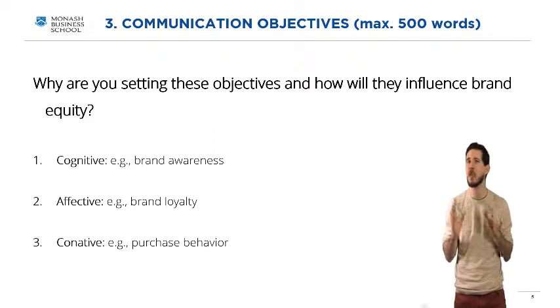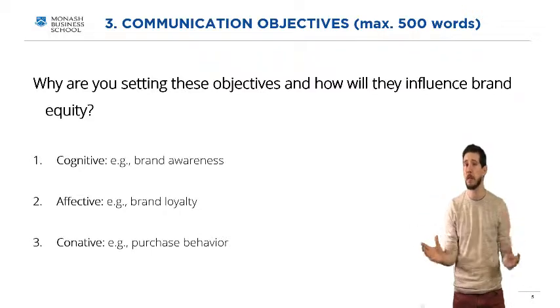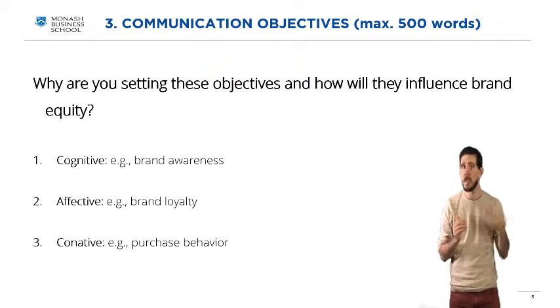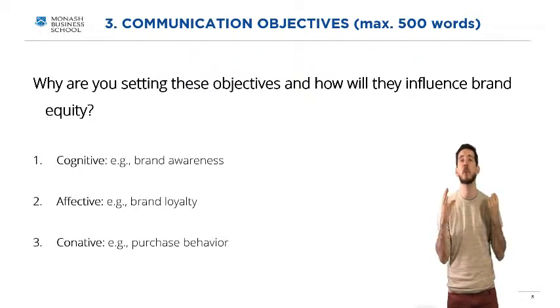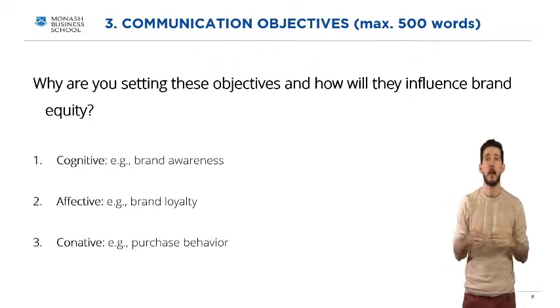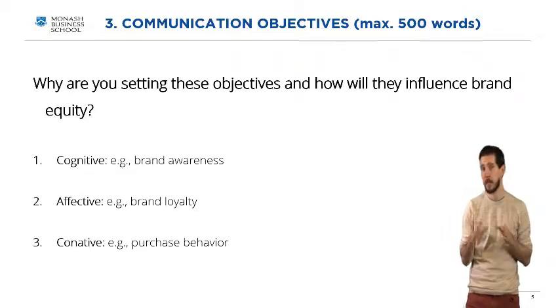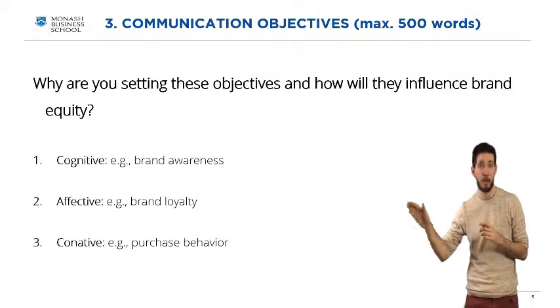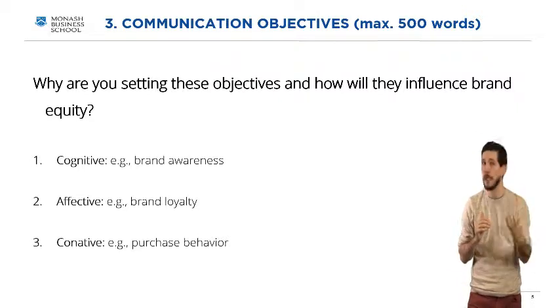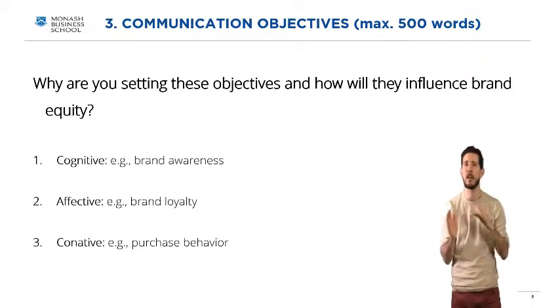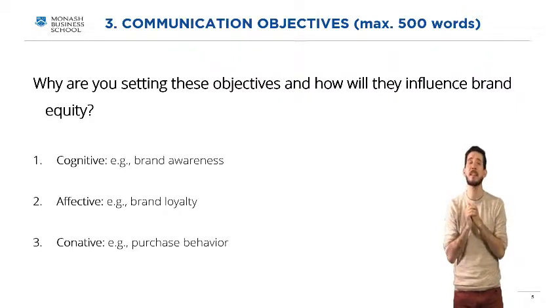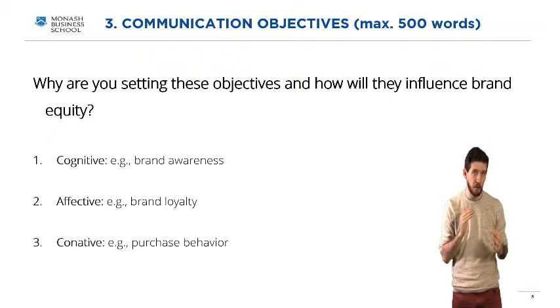In that case, you don't need to engage in realignment, but you may wish to reinforce these perceptions. And on the basis of this assessment, you're going to spell out communication objectives about what you're going to do, and this in a way ties to assignment 2, to increase brand equity, either by aligning a misaligned identity or just strengthening an existing positioning.